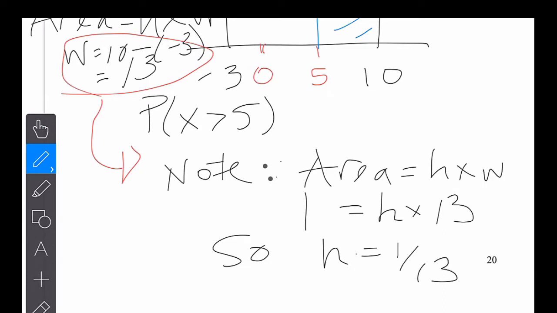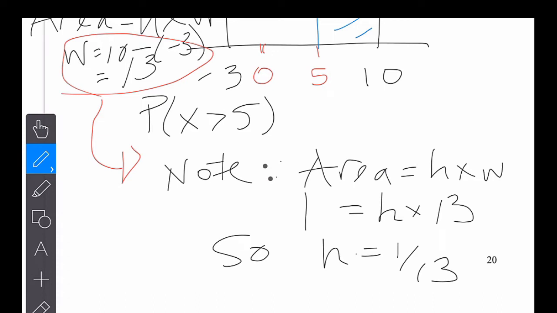It doesn't look like that in my drawings, not to scale, but it's just an abstraction, a tool to help you see the mechanics of what I'm doing. It doesn't look like the height is 1/13 if the other scale is so big, but anyway, on the vertical axis, height is 1/13.